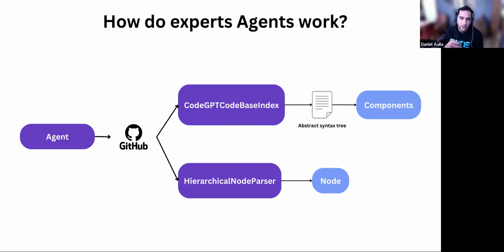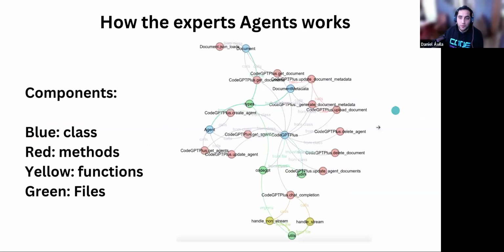I'm going to explain the kind of thing that we are doing, but we are using this new function from LlamaIndex too. So we are testing what is better right now, but we have a lot of work in this kind of feature. For example, when we get information from a repo, we are building different kinds of components.